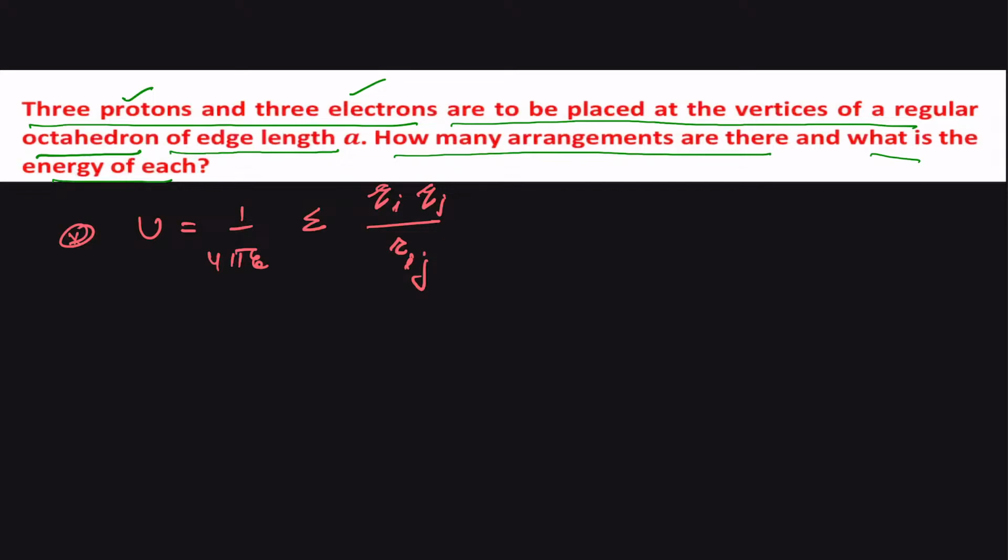And we are given that we have a regular octahedron. Okay, so we can just draw an approximate figure, and let us suppose this is one of the vertices, and the second one, and the third one, and then let us suppose another one is here.